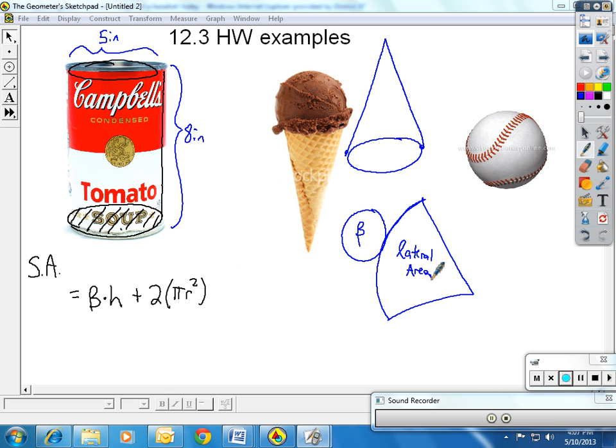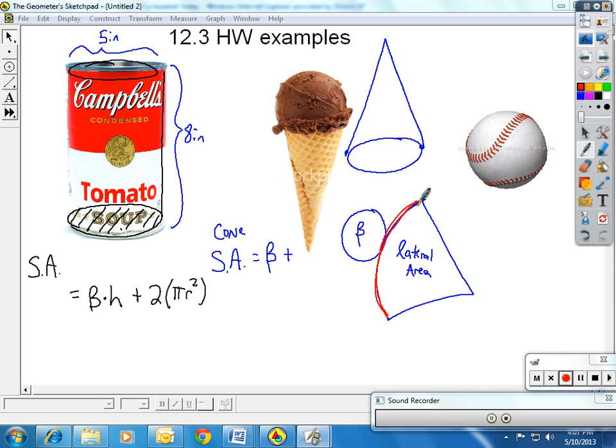So now if I want to find the surface area, I want to find both of those. So surface area of the cone is going to again equal the area of the base, which is pi r squared, add it to my lateral surface area. Now, in order to find the lateral surface area, this is how I remember it. This appears at a glance to be somewhat like a triangle, with this being my base. It's not a triangle, but it resembles a triangle.